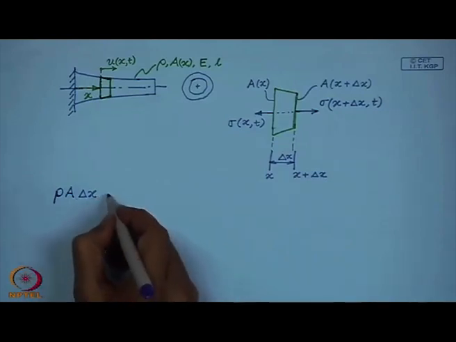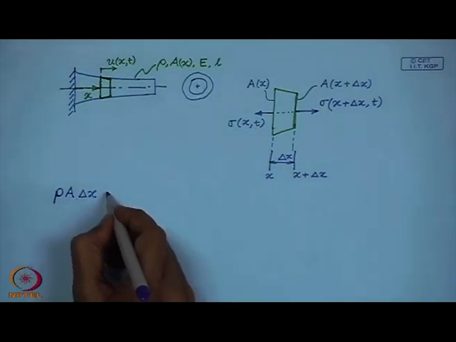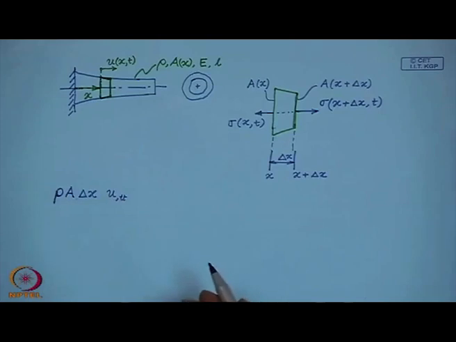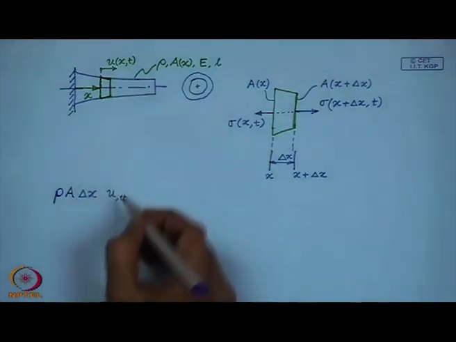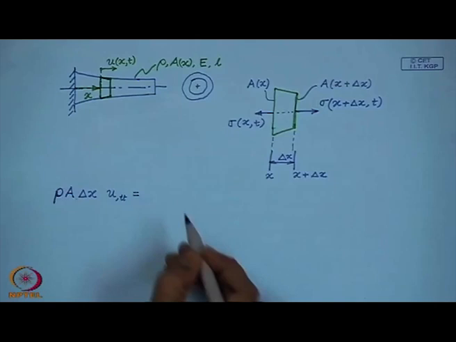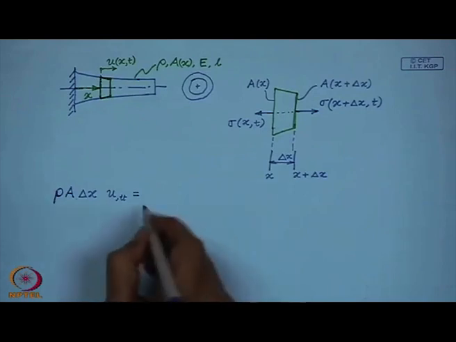This mass times the acceleration in the longitudinal direction, that is the double derivative of the field variable u with respect to time, must be equal to the forces in the longitudinal direction.